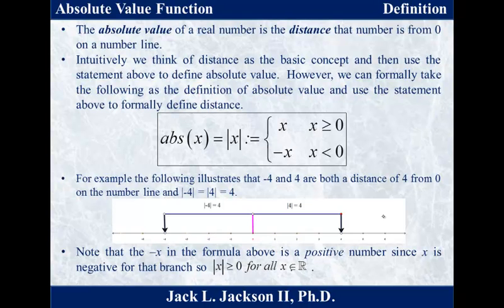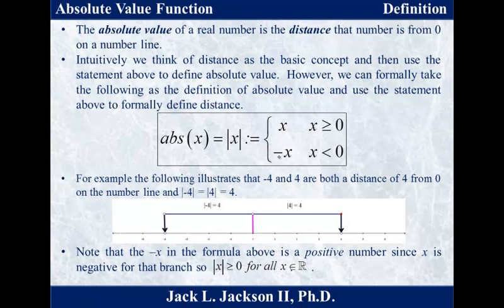Now, one thing you need to watch out for is that some students find it confusing when they see this negative sign in front of the x, or think of that as the opposite of x. But remember, which x's get sent to that part of this piecewise defined function? Only the x's that are negative, and the opposite of a negative is a positive. So even though you see this negative sign here, this negative x is not really a negative.